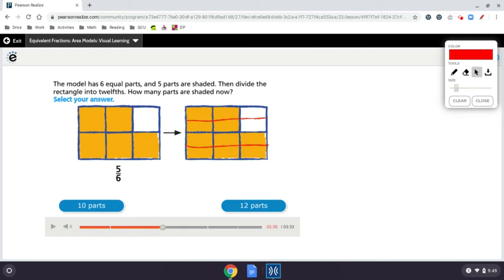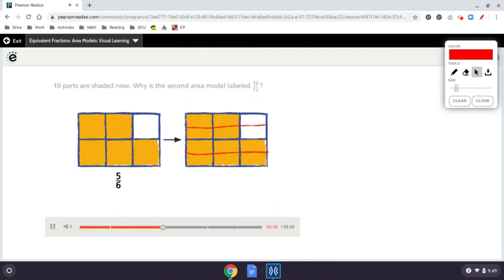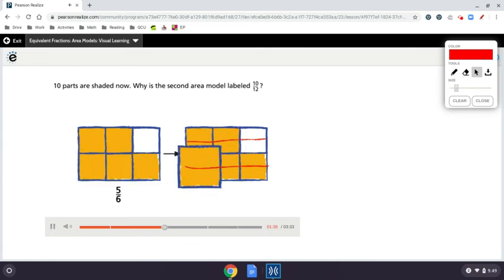So now my whole is made up of 12 parts instead of 6 parts. And then you can say the number of parts shaded in changed, because now we have 1, 2, 3, 4, 5, 6, 7, 8, 9, 10 parts shaded in. 10 parts are shaded now.